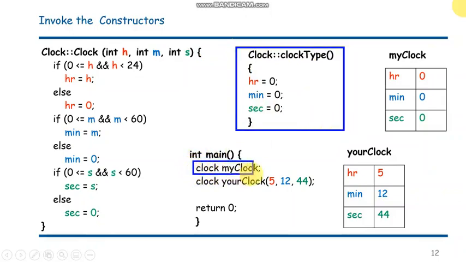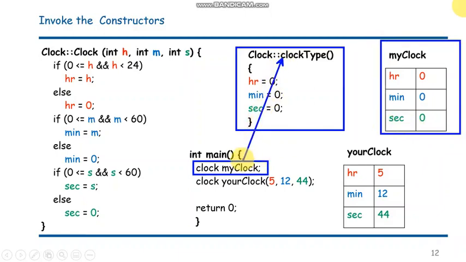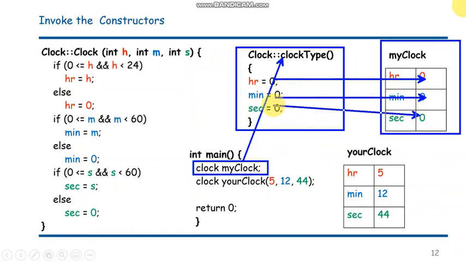There is this statement, we have seen it a lot. My clock, this is a declaration statement. It creates an object, my clock. This then invokes the default constructor, and the default constructor is going to run and set hour, minute, and second to 0.